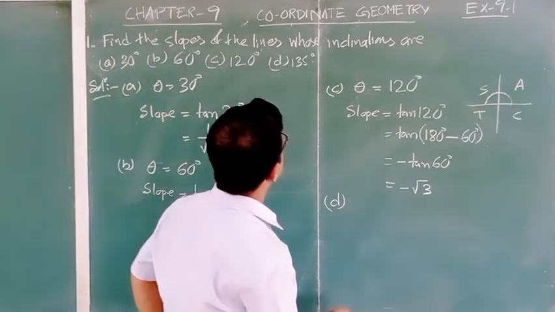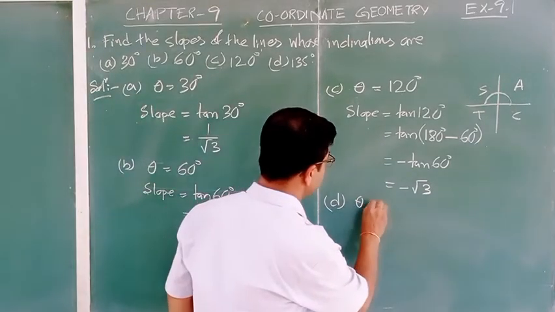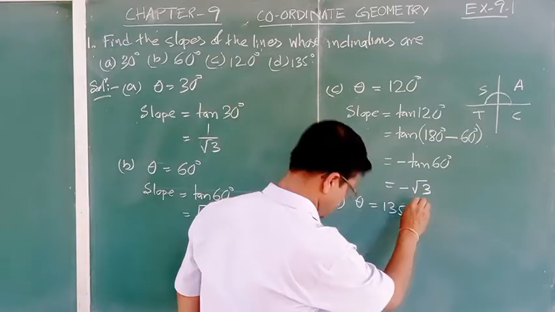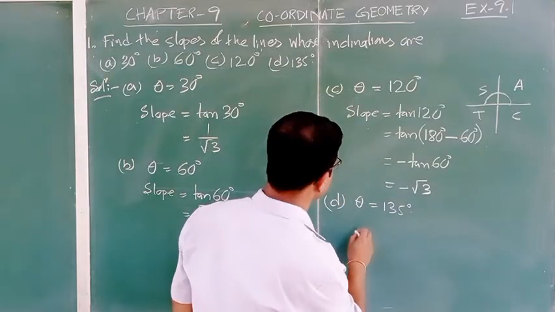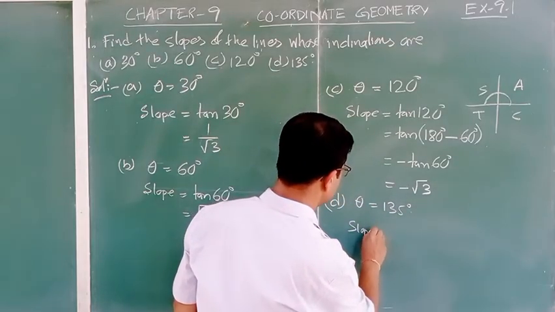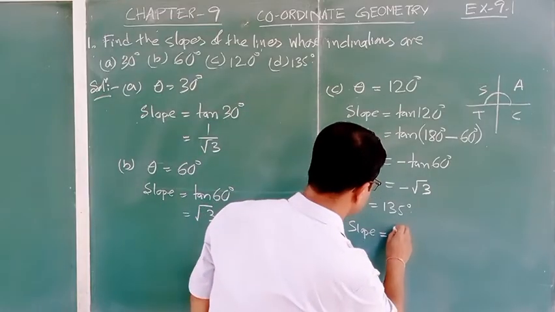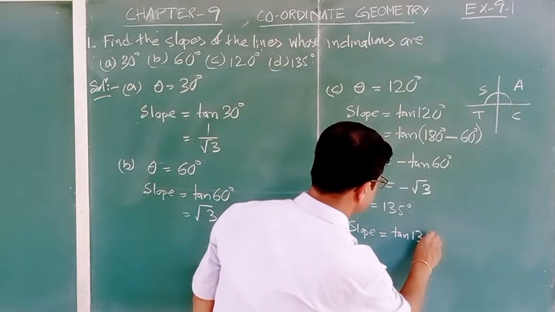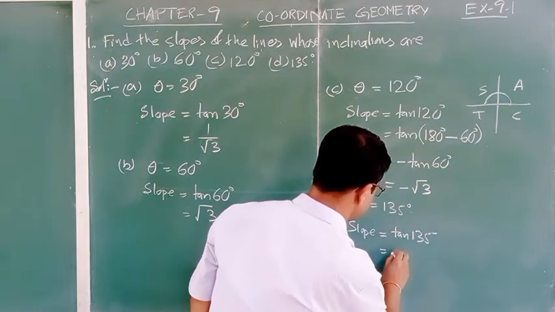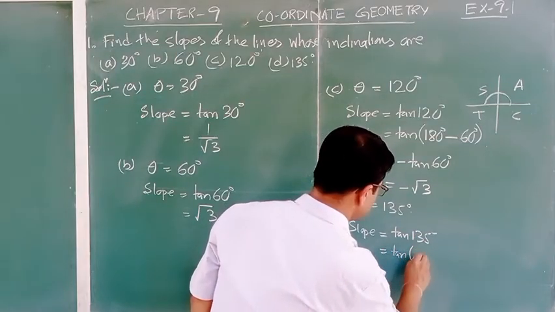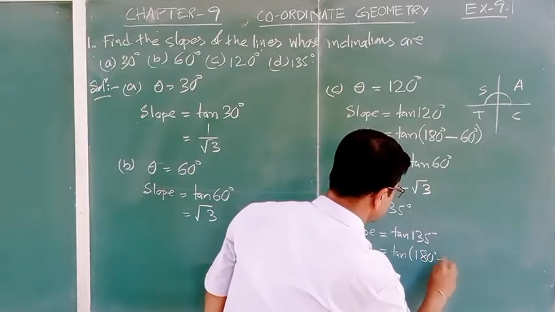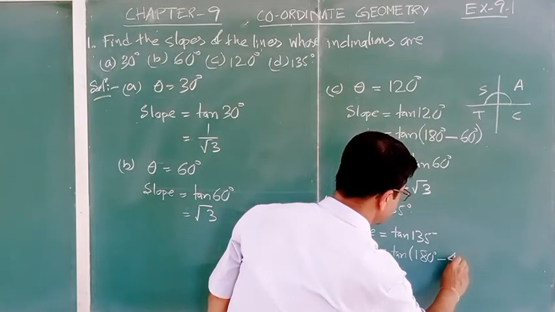This is 135 degrees. Theta is 135 degrees. Got it? So how will we find the slope? Slope can be found as tan of 135 degrees. So this is tan of 180 degrees minus how much do we have to subtract? 45, right?